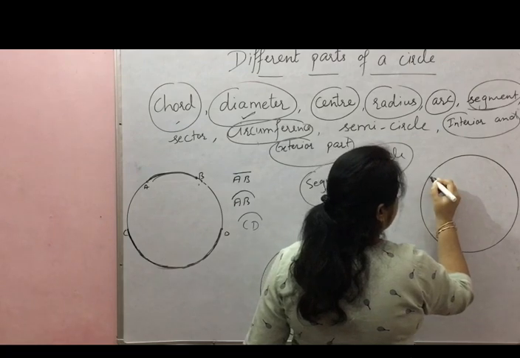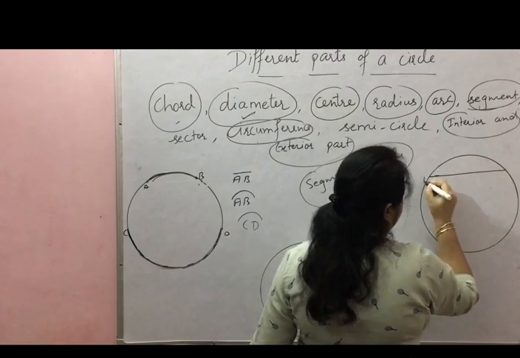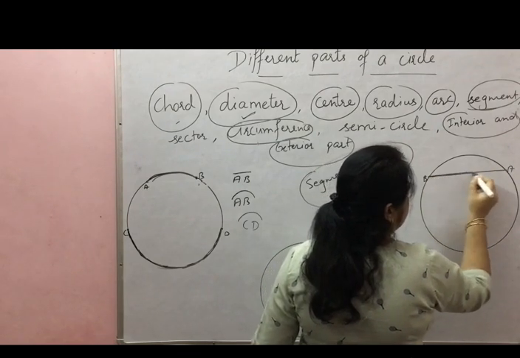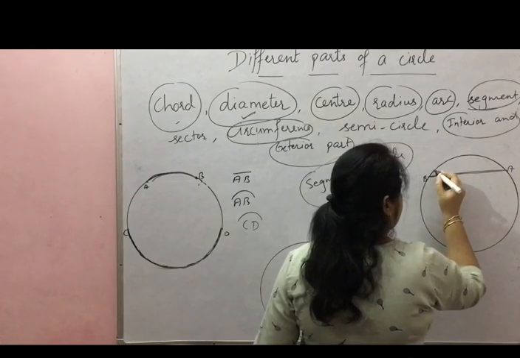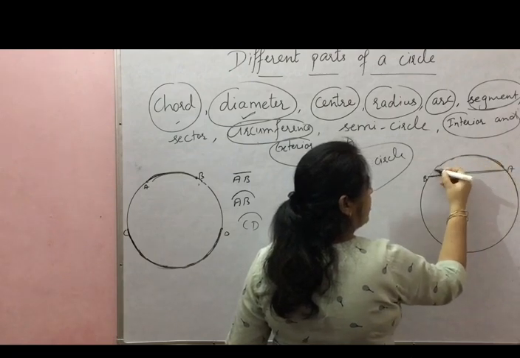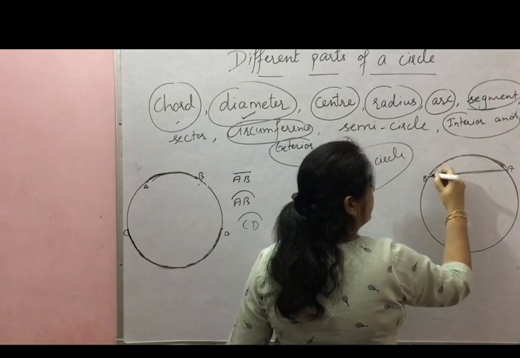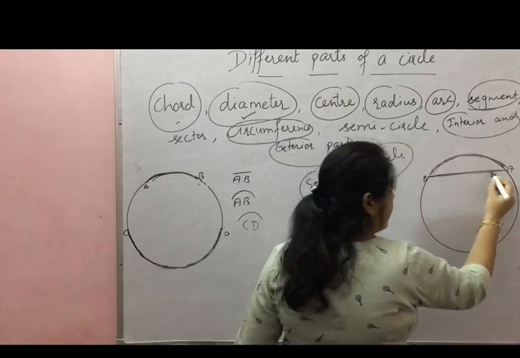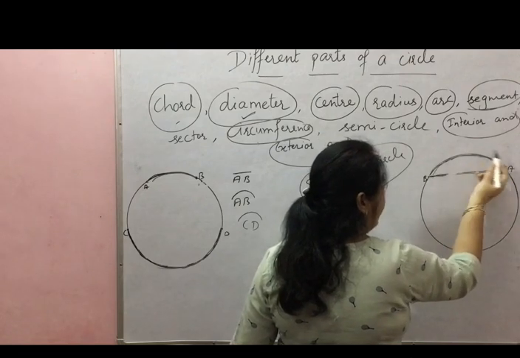Only this line is called the chord. You can observe we are marking this, this is called your arc. This is a line segment which is called the chord. This is the arc when joined by A and B.